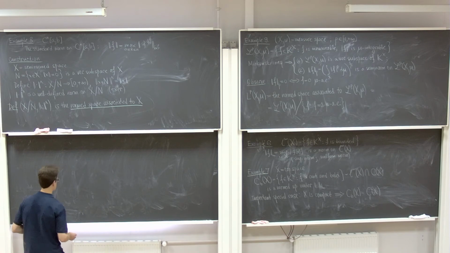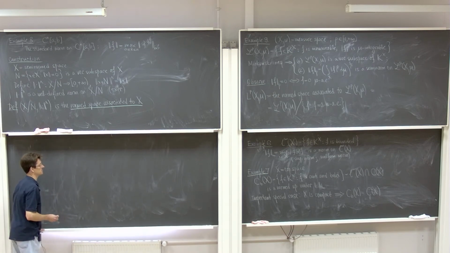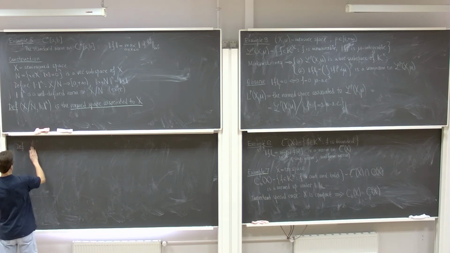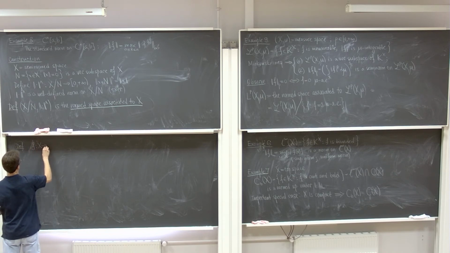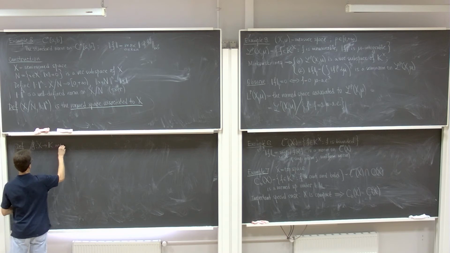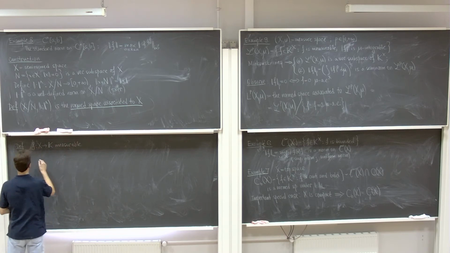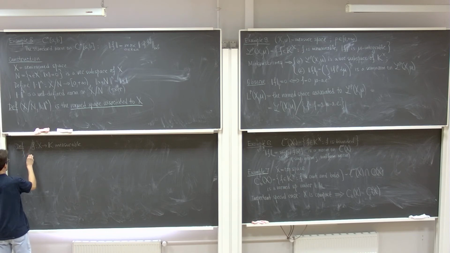So to define the big L infinity space, we introduce the following definition. Suppose that f is a measurable function on X. We say that f is essentially bounded.